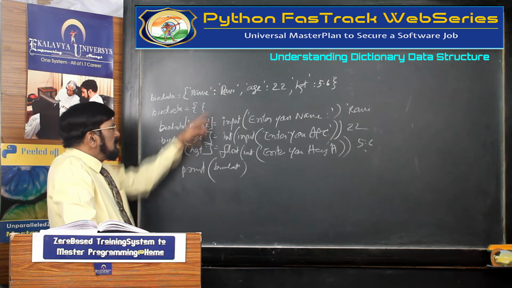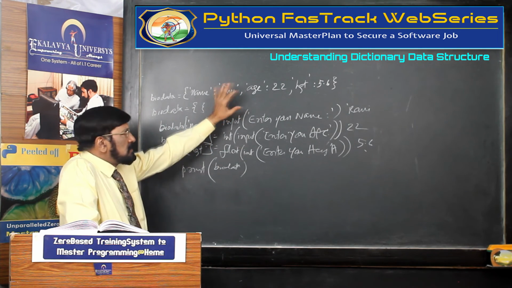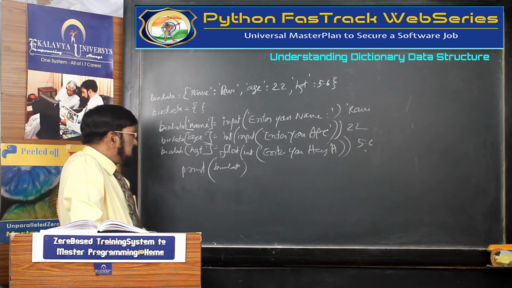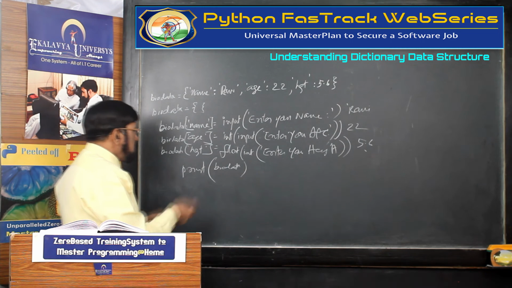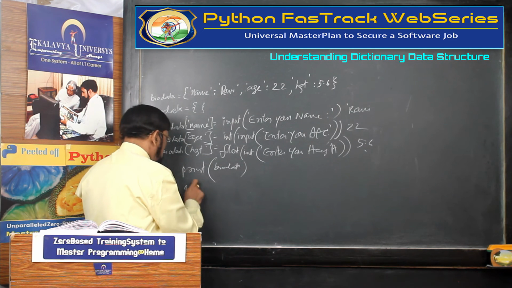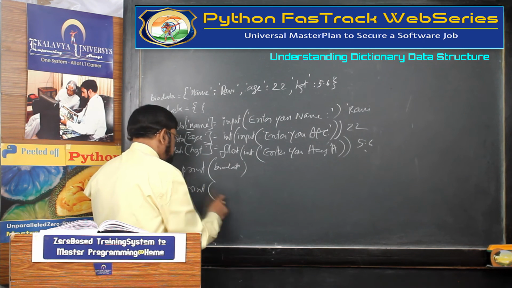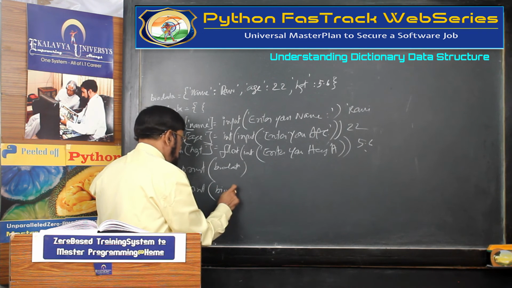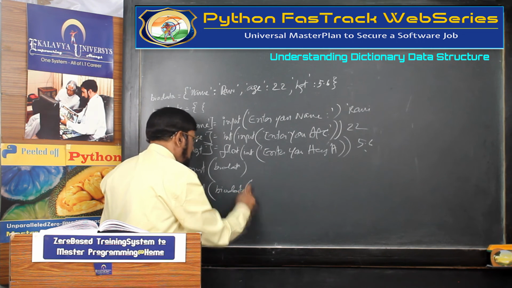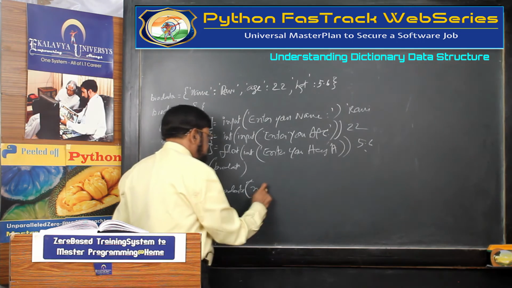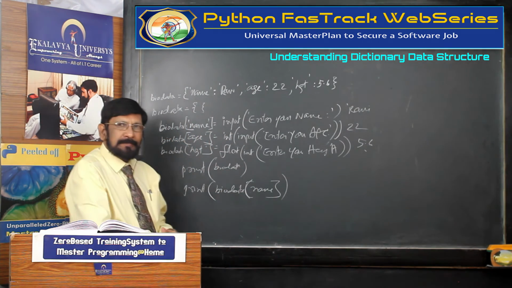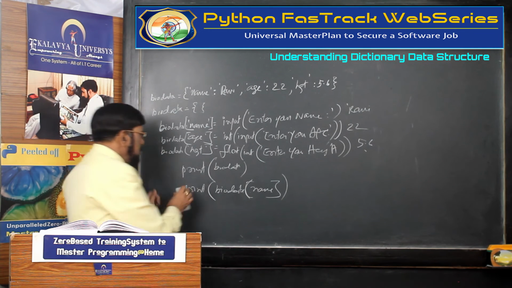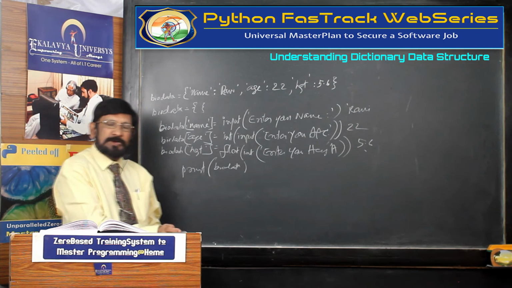Then the whole thing is printed in a format. Okay. Now, if you want a particular thing, print by data name. You write, only name is printed. Okay. In this way, you can use it.